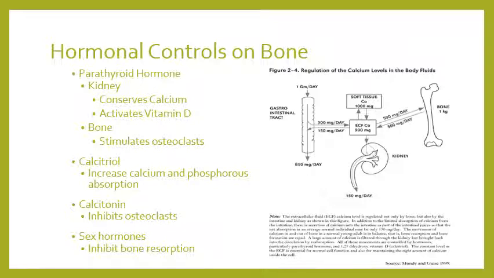It also stimulates osteoclasts in the bone. Calcitriol increases calcium and phosphorus absorption. Calcitonin is produced in response to high blood calcium and stimulates calcium absorption and allows calcium to deposit to the bones. Sex hormones, such as estrogen, also inhibit bone resorption.